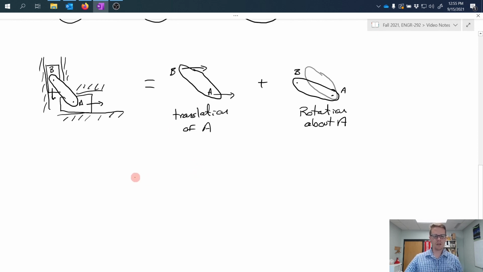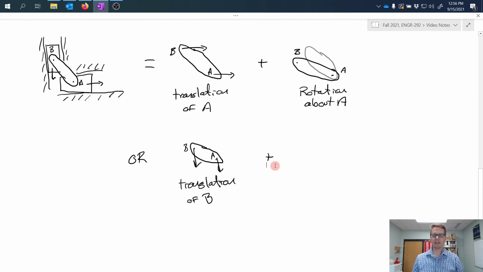Now, of course, this isn't the only way that I could do it. I could also first apply a translation of point B. So again, I'm looking at my linkage and I'm saying, well, let's translate the whole linkage down, which we know, of course, point A cannot physically do, but we're going to start by saying that we're going to translate point B and take point A with it.